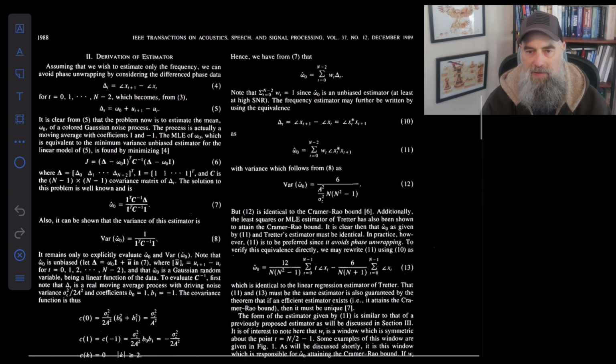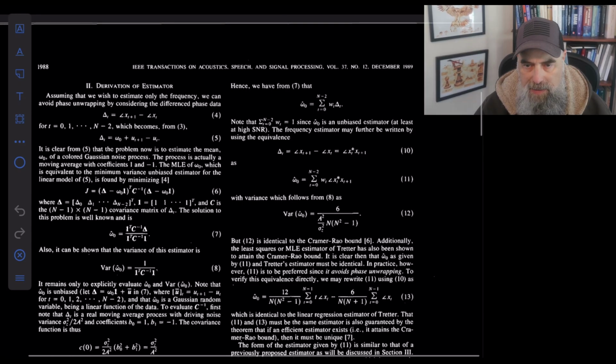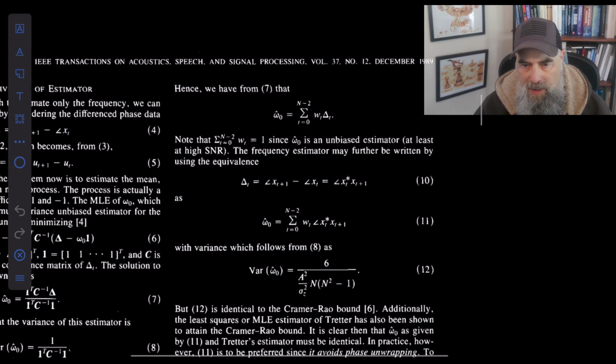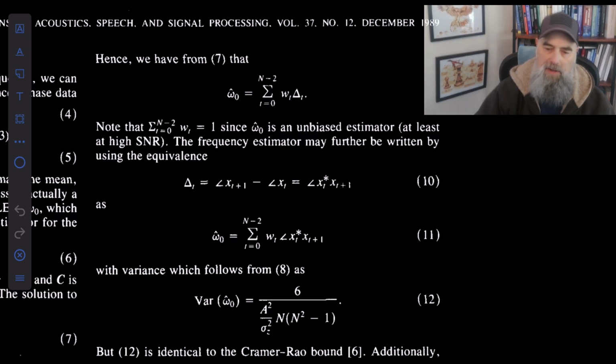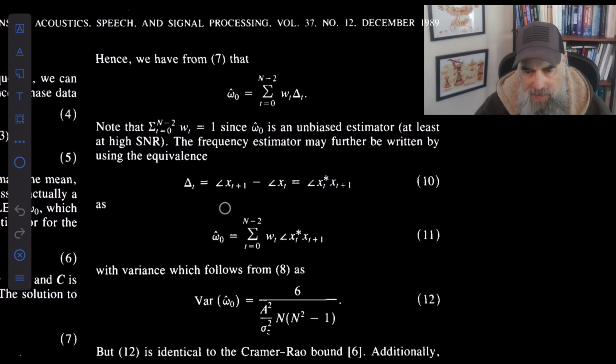That's the trick here. Now we still have the angle operation within each and every sum term, and we will see in the end that we can actually take it outside the sum, even though it's nonlinear. And we will see how. He goes on and shows us how in the appendix.